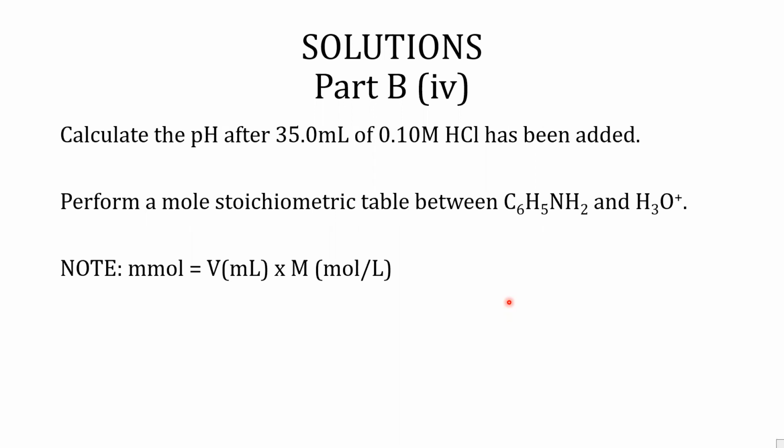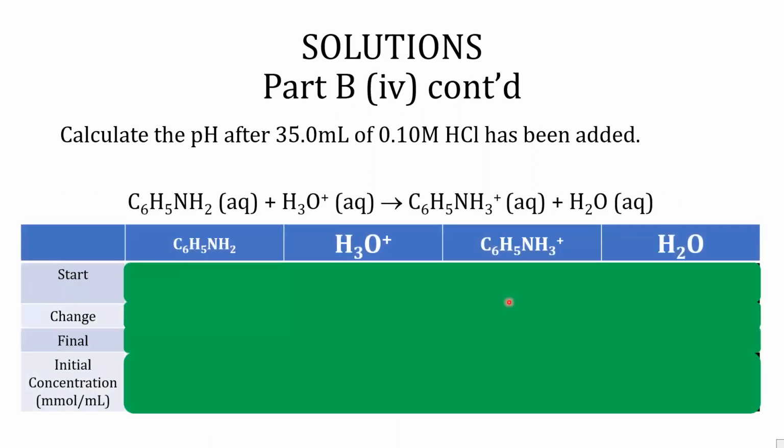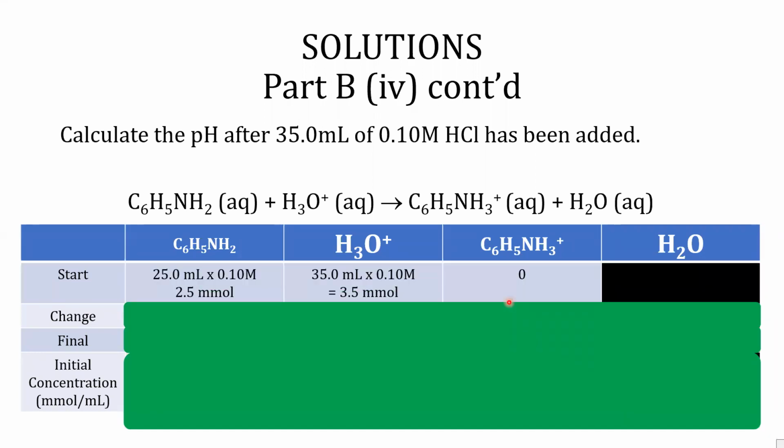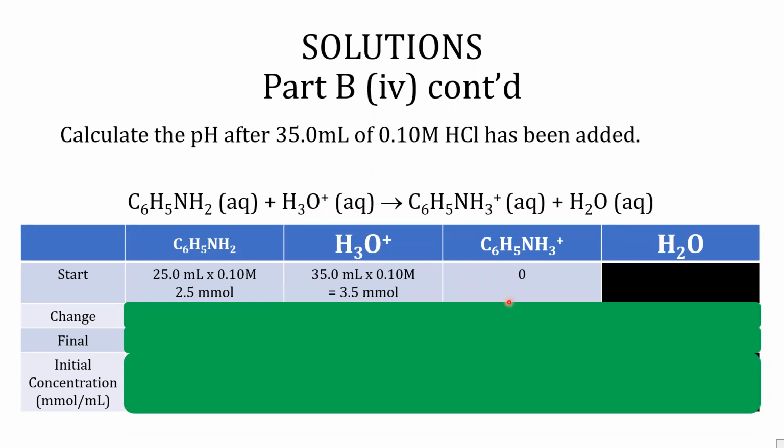The fourth problem is to calculate the pH after 35 ml of 0.10 M HCl has been added. The construction of an mmol stoichiometric table is performed. The mmol of C6H5NH2 is 0.10 molar times 25 ml equals 2.5 millimoles. The mmol of H3O+ is 0.10 molar times 35 ml equals 3.5 millimoles.